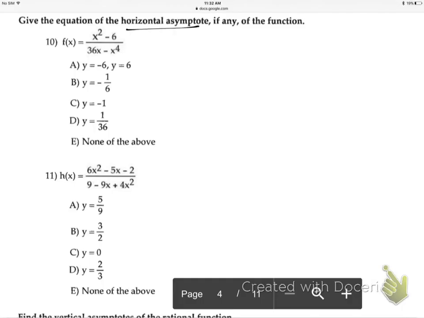So horizontal asymptote, it's all about the numerator power, highest power, and the denominator, highest power. So here's the horizontal plan. The recipe for horizontal asymptotes.